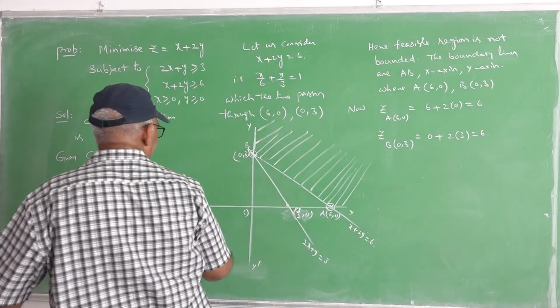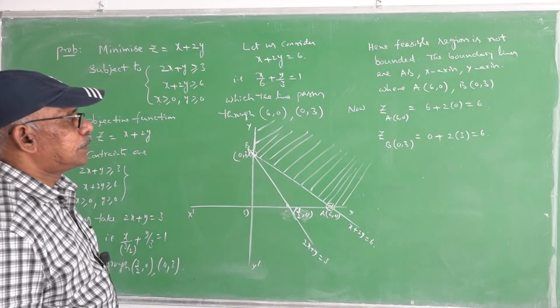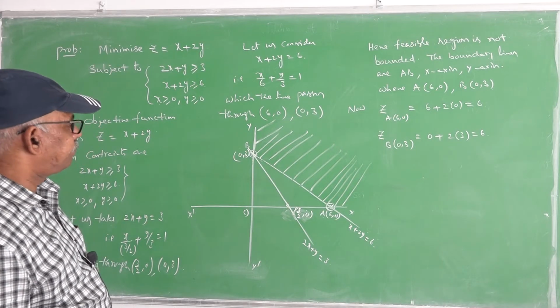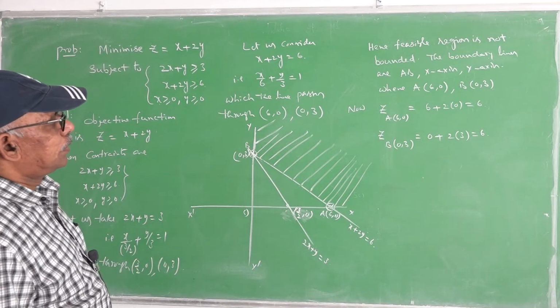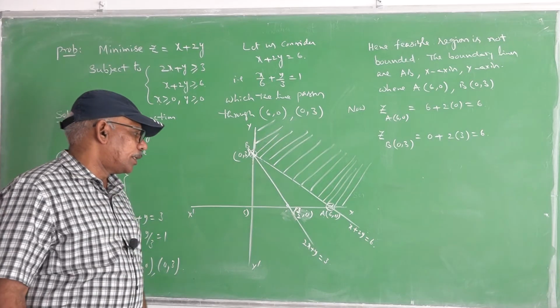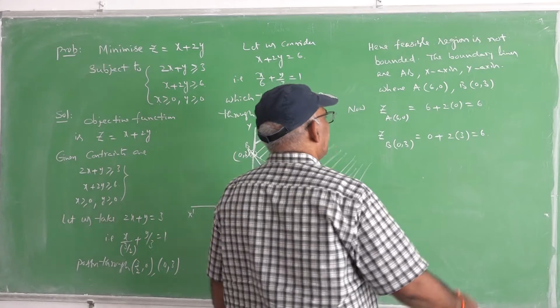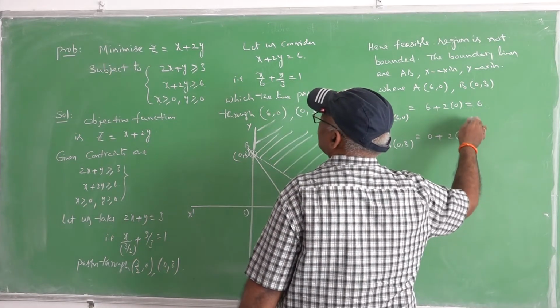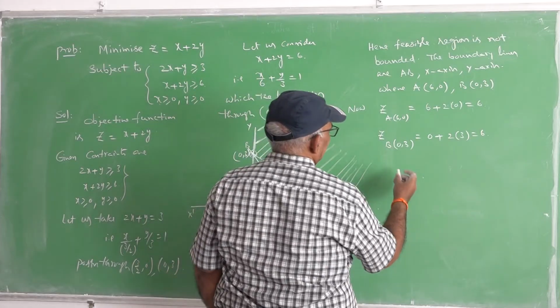At these two points A and B, Z takes 6 only. For the remaining points, Z must take more than that value, because once you take it as the minimum value of the function, let us observe that.